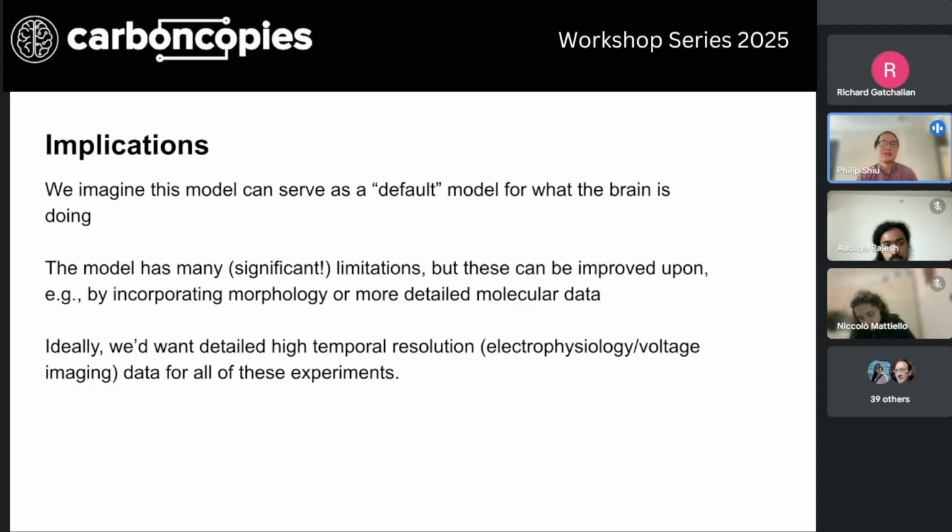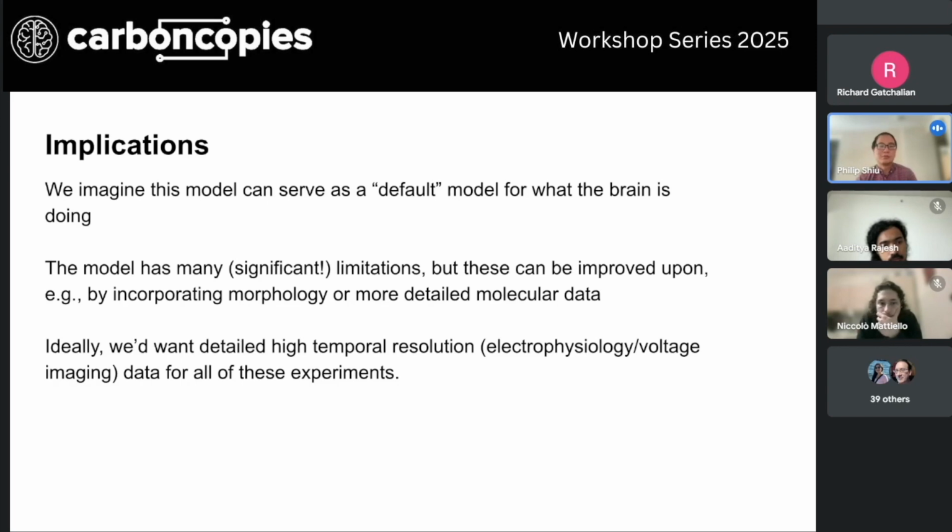So we predict, say, activating 50 hertz sugar results in 20 hertz activation of motor neuron 9. That being said, we never did any electrophysiology on motor neuron 9 or any other neurons to really nail down how precise these predictions are. And so ideally what we'd want is really detailed high temporal resolution data, so either electrophysiology or voltage imaging or data of that type for all these experiments to really figure out how accurate the model can be.